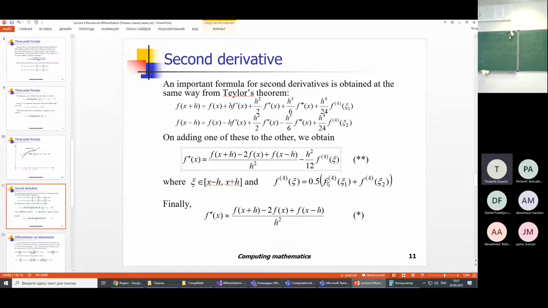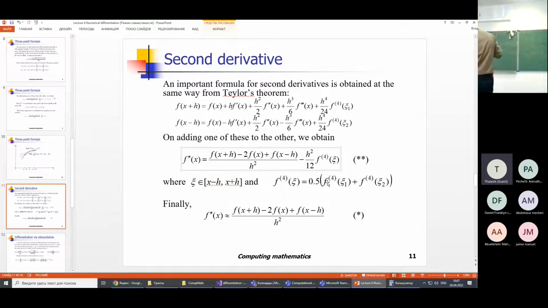The same function, e power x. The first, second, third derivatives will be the same. It means that it never will be 0. And this error term never will be 0. h is not 0, and the fourth derivative is not 0.